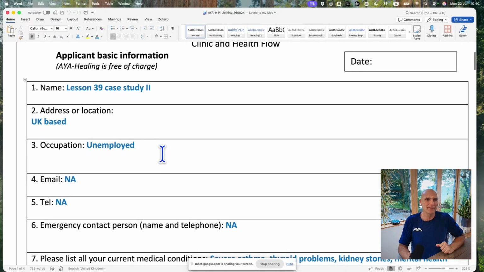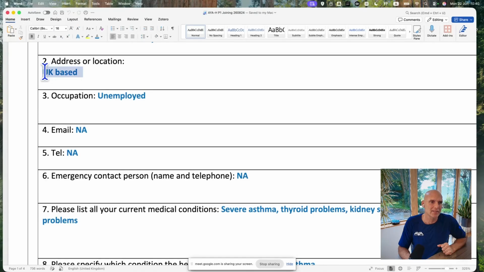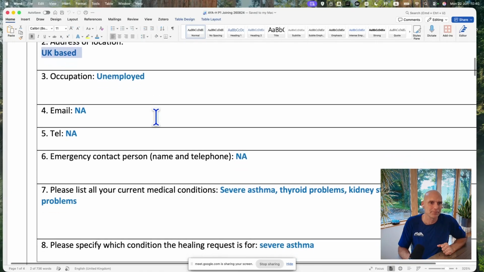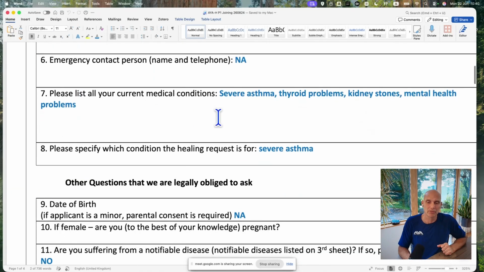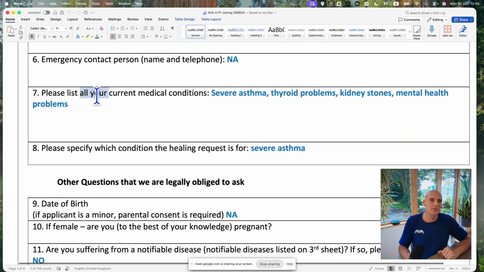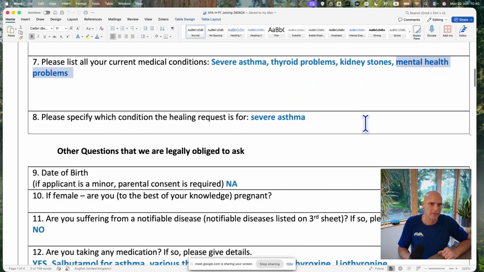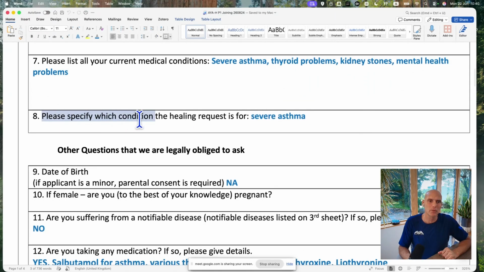So name, lesson 39, case study 2. Okay, address. Okay, so this person is UK based. Occupation, unemployed. I'm just going to run through the important parts, obviously. So please list all your current medical conditions. Severe asthma, thyroid problems, kidney stones, mental health problems. And then number 8, please specify which condition the healing request is for, because people usually come to us with a main problem.